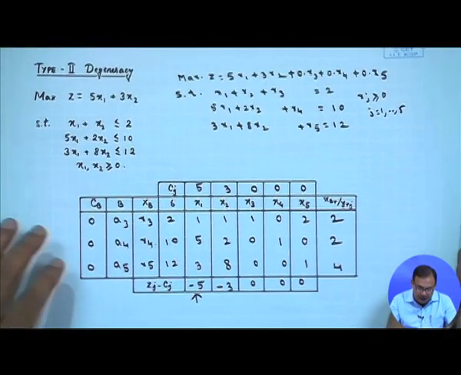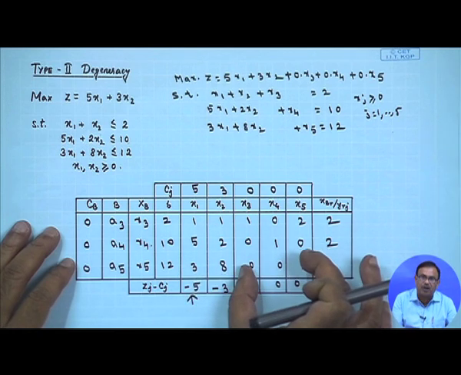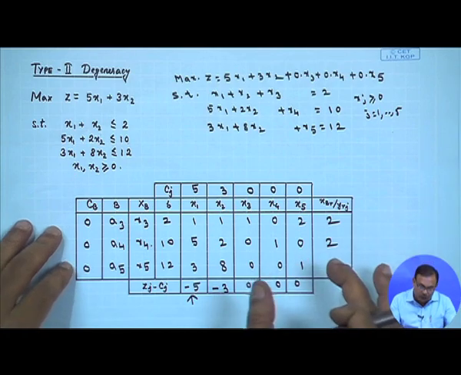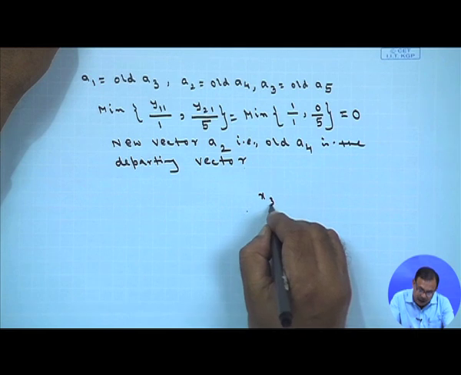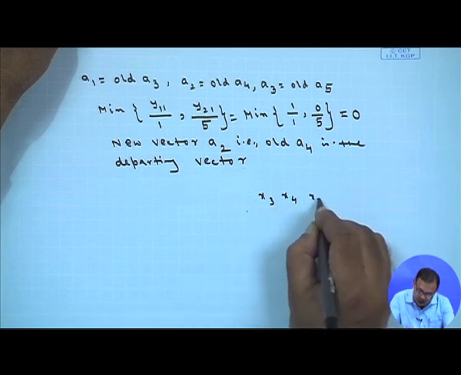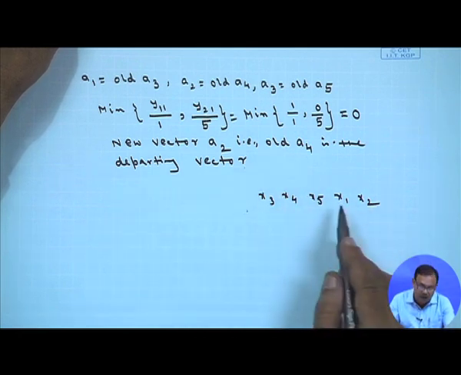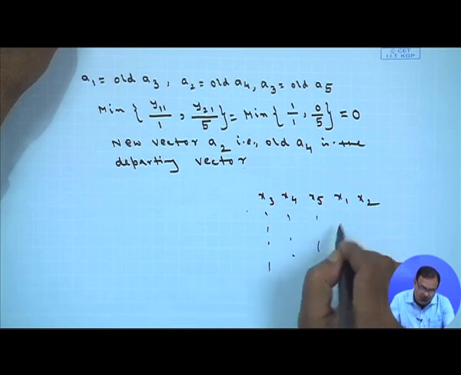And this table I will visualize with x3, x4, x5 coming first, then x1, then x2. I may write down a new table where the columns come as x3, x4, x5, then x1, then x2. I am visualizing this so that the elements will now change.